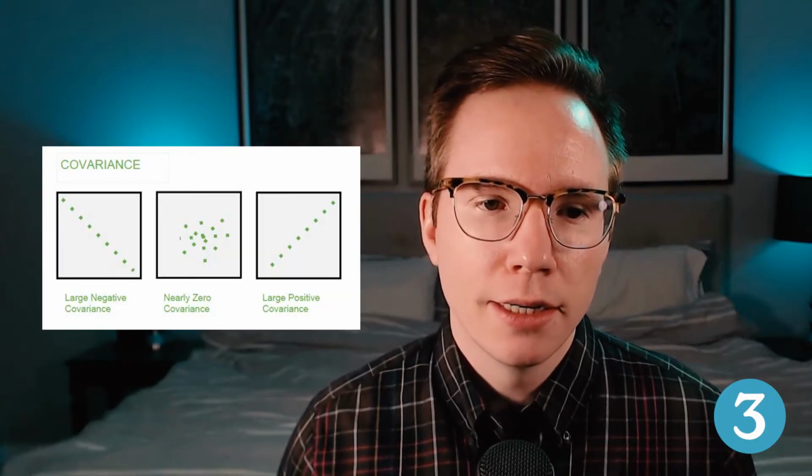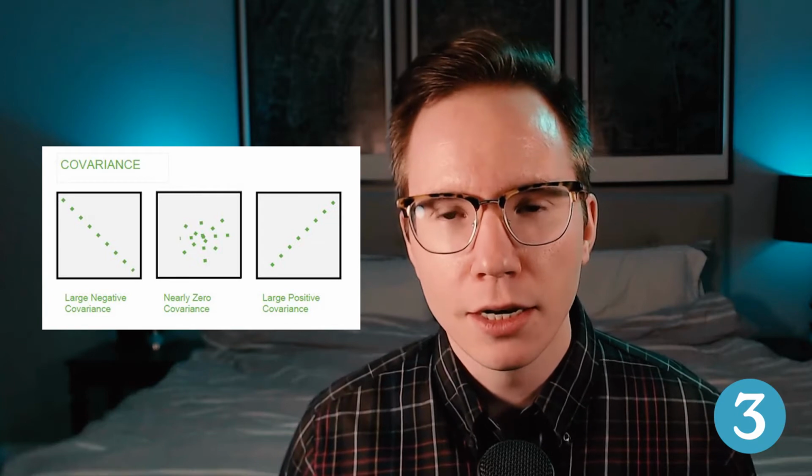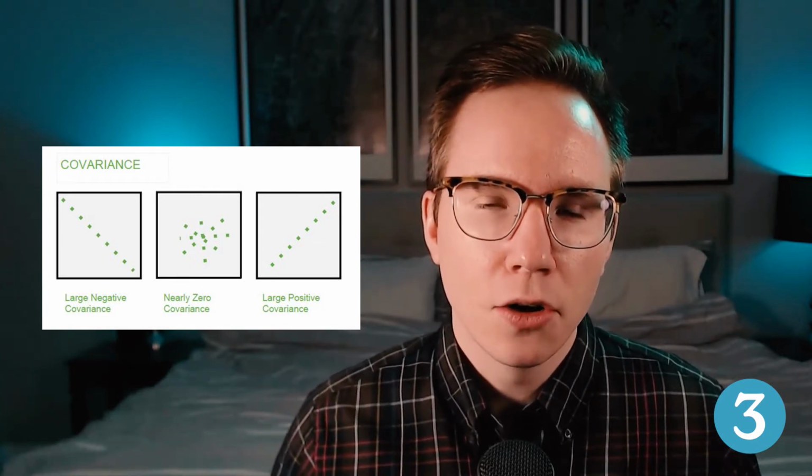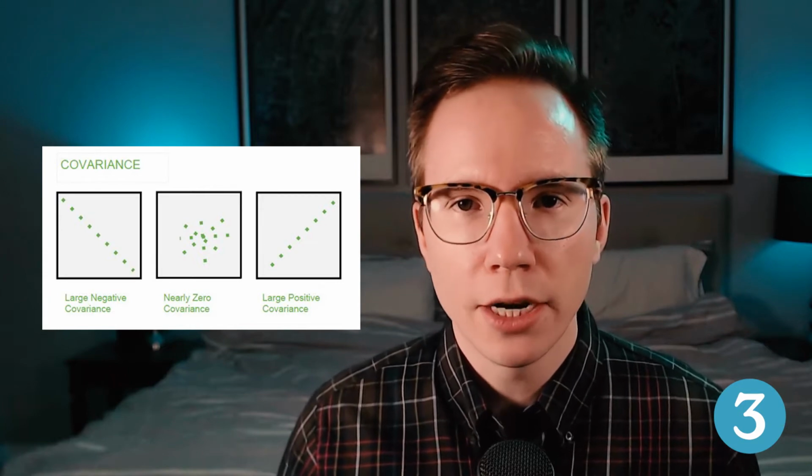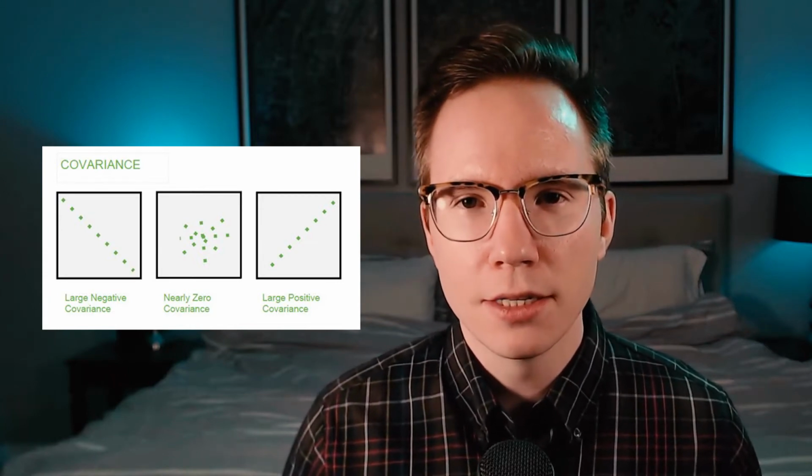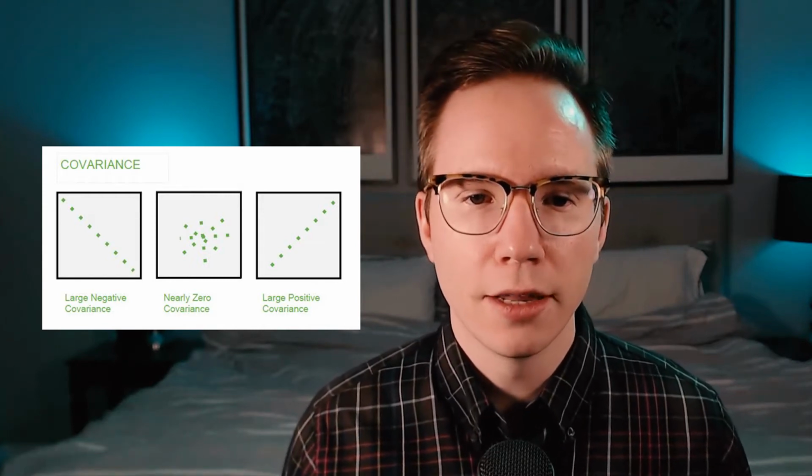The first measure that we're going to look at is called covariance, and covariance is a very basic measure, and it only tells you the direction of the relationship. So how do the x and y variables vary together?